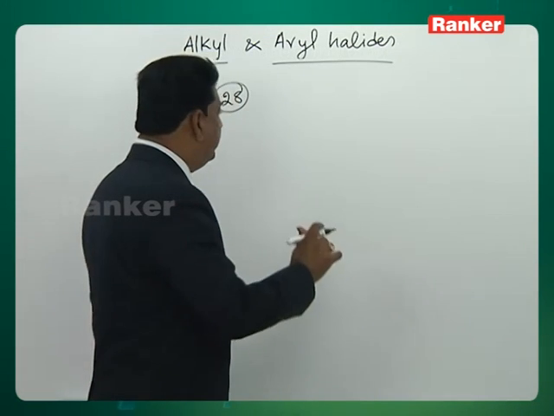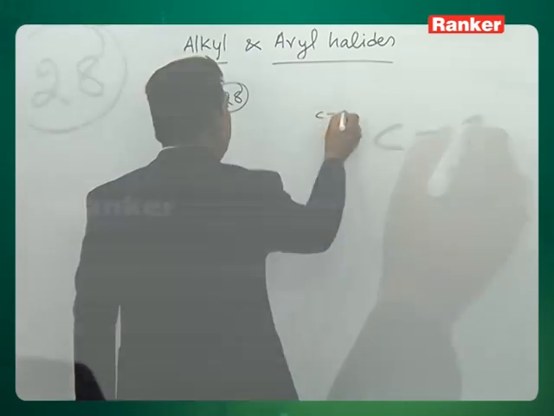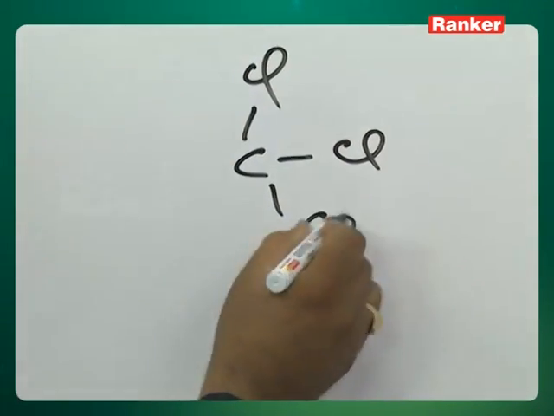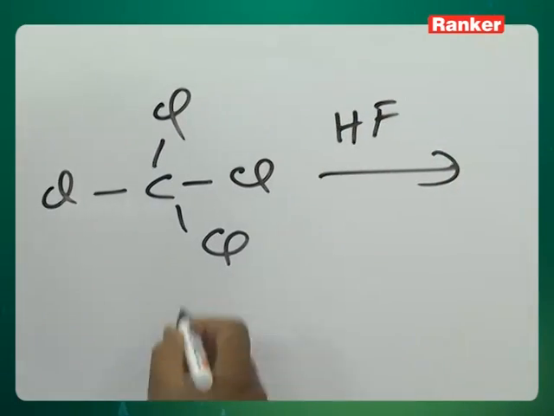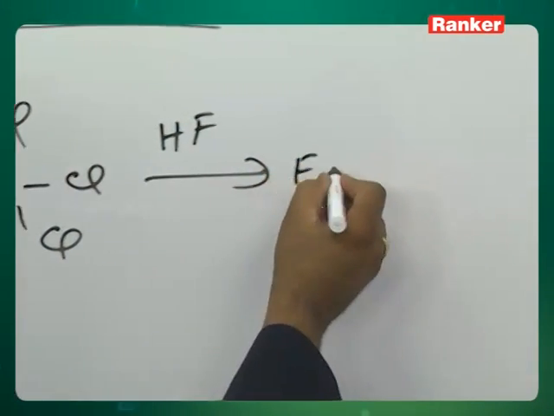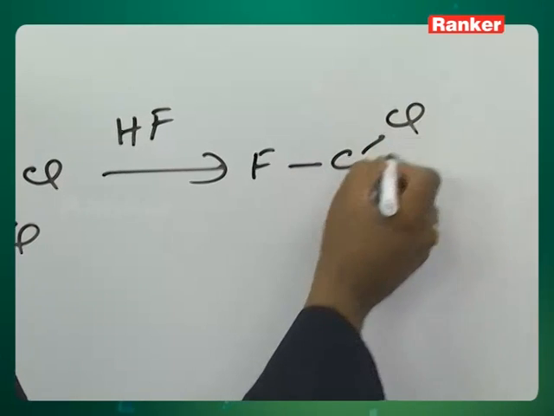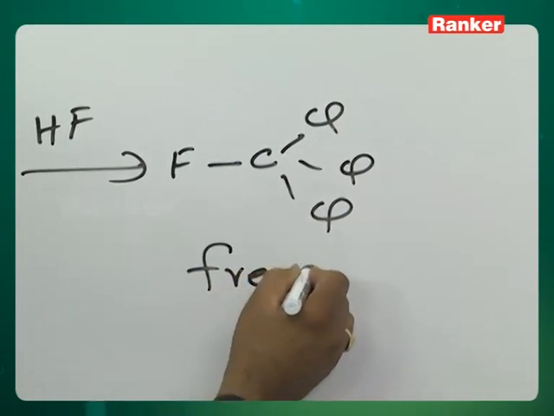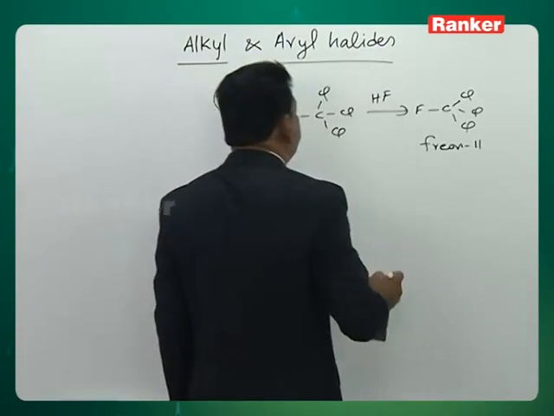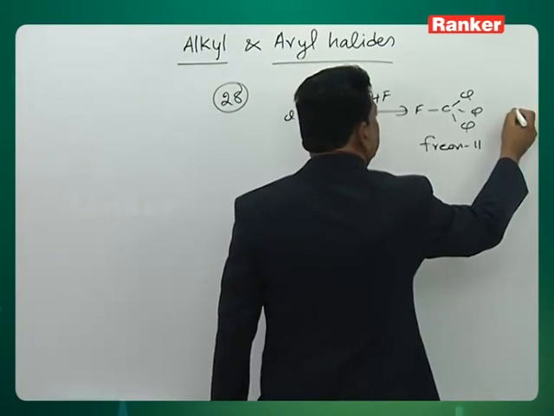So here tetrachloromethane is taken and treated with HF. By treating this, the monofluoro and trichloro compound comes, this is called freon 11, and the HCl will be out.